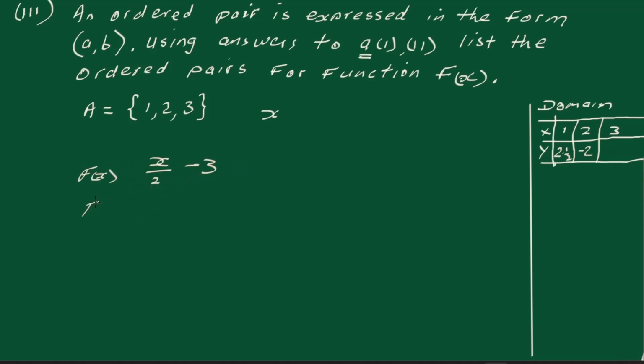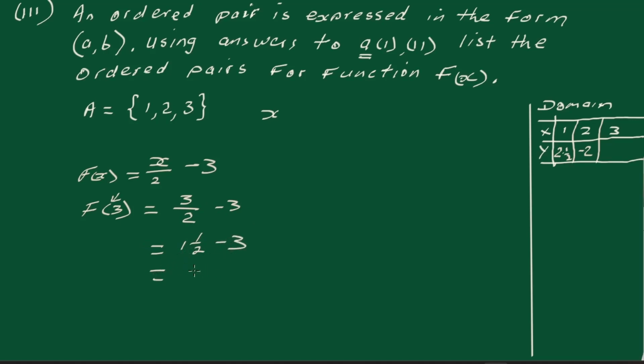Now when the input to this function is 3, remember x indicates the input to the function, we replace x with 3 and work out the answer. 3 over 2 minus 3. 3 over 2 gives us 1.5, minus 3.